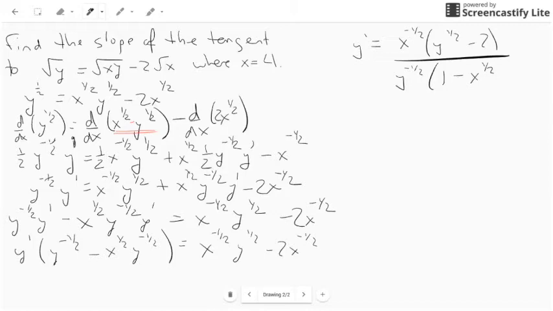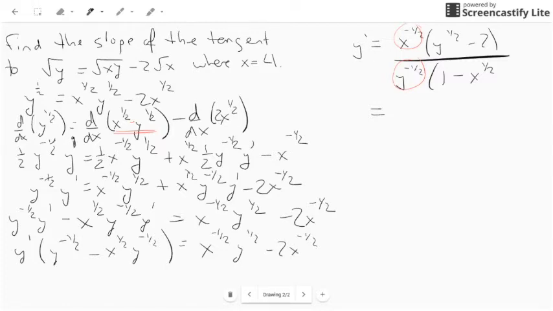Okay, now I'm almost there. These two terms here both have negative exponents, so they're going to jump to either side of the division. And now I'm going to put the radicals back in because it's going to look a little bit better.